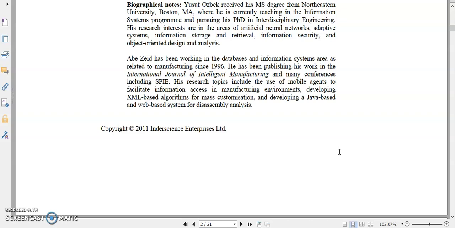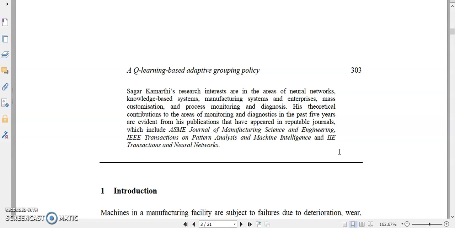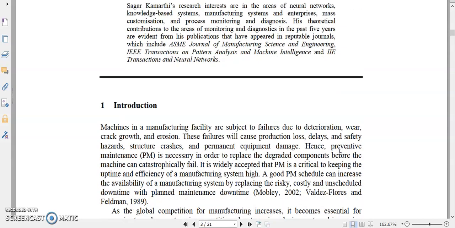So whenever we want to use reinforcement learning to solve a manufacturing problem, there are certain elements that need to be taken into account. We need to set up certain elements.